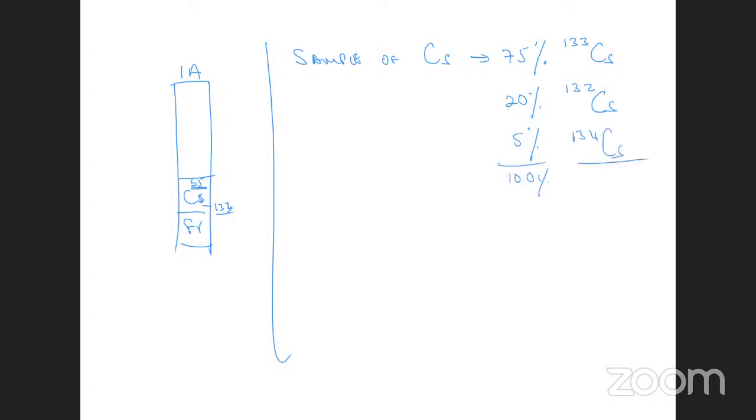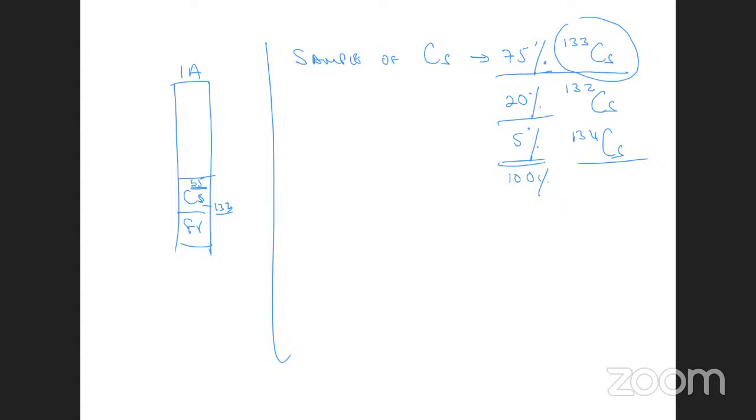So they have given the abundance. Then looking at it, you can say cesium-133 is the most abundant isotope of cesium available in nature if you take a sample.